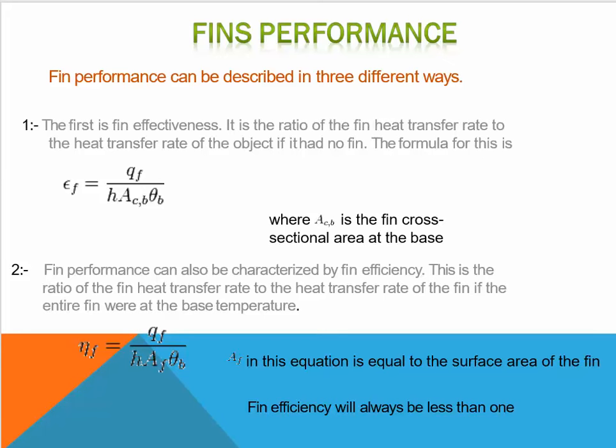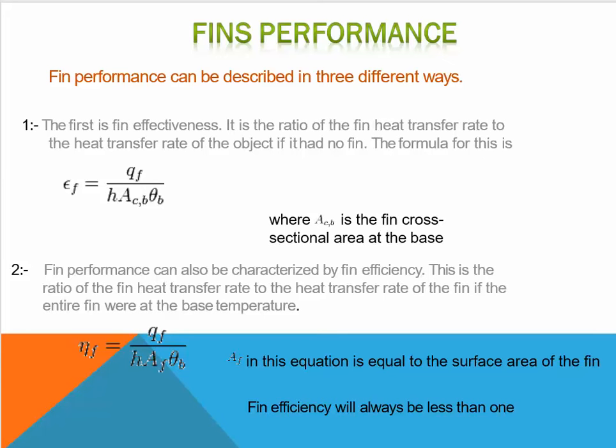Then the fin performance can also be characterized by fin efficiency. This is the ratio of the fin heat transfer rate to the heat transfer rate of the fin if the entire fin were at the base temperature.